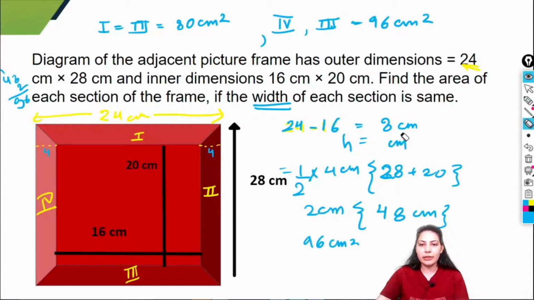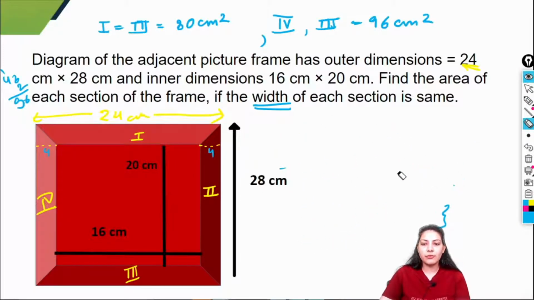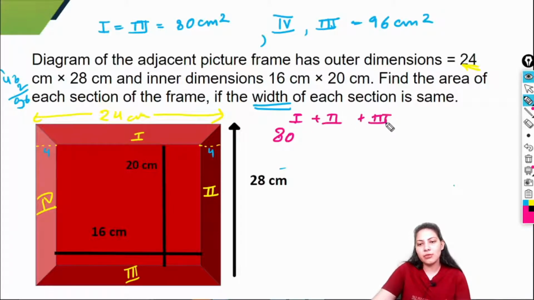Now let us calculate the total area of this picture frame. So let me write over here. So basically what we have to do is 80, that is the first portion, plus second, plus third, plus fourth, to calculate the whole total area.